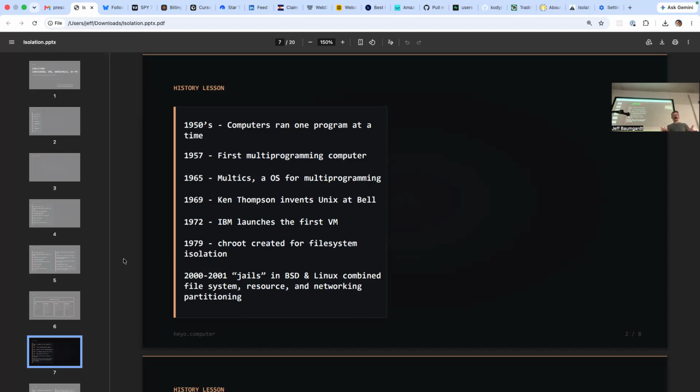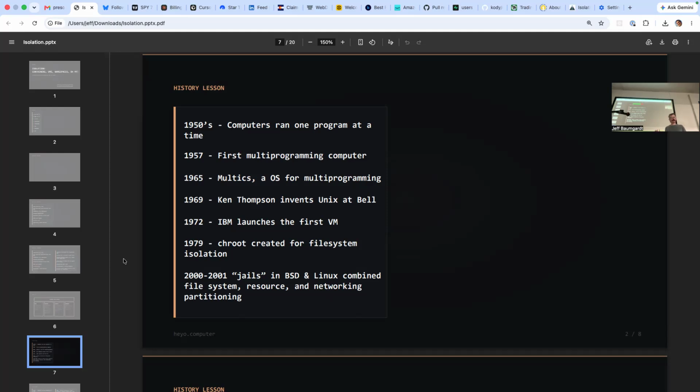And then on kind of the backs of this, needing some sort of isolation systems, the traditional mainframe environment has lots of users using this, several programs at the same time. The first real isolation system that gets introduced is called chroot.